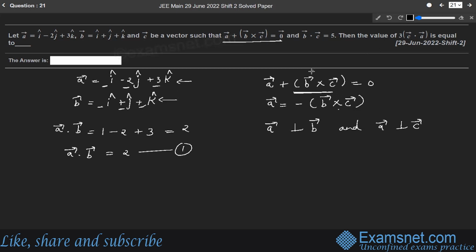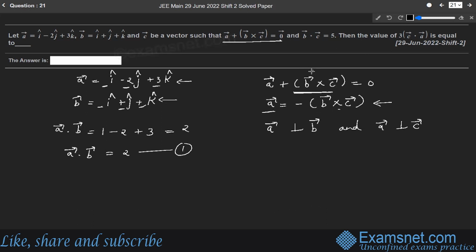How is it perpendicular? Because B vector cross product C vector always lies in a direction perpendicular to both B vector and C vector. And if it is equal to A vector, it means that A vector will also be perpendicular to B vector and C vector, right?